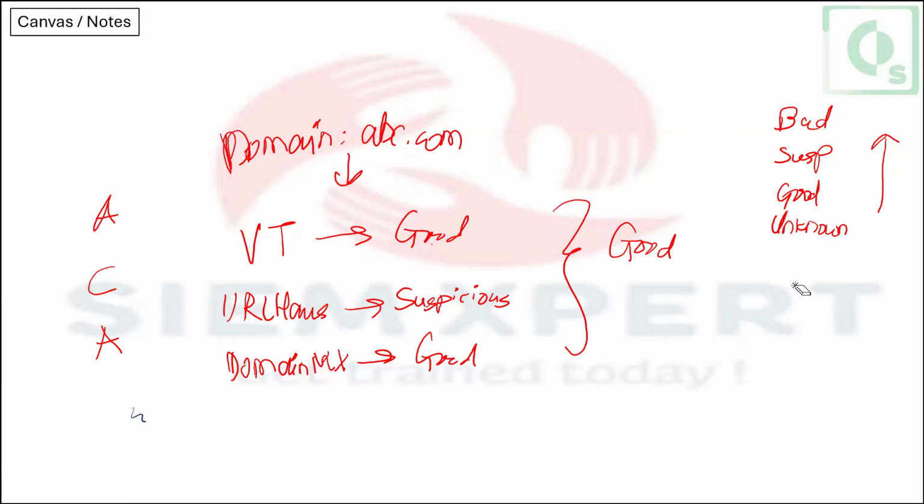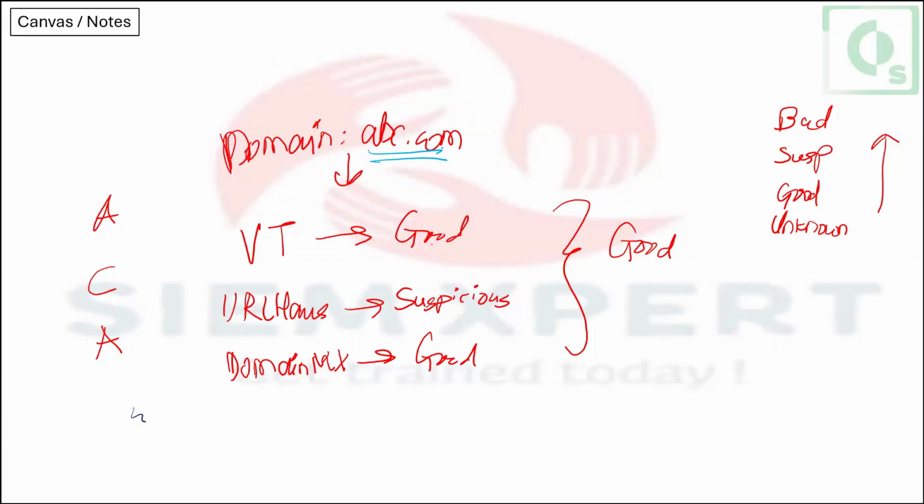So for a given indicator, whatever threat intel sources are there, the first priority is given to source reliability. If there are multiple source reliabilities, then the verdict of the one with the highest reliability is taken into consideration.